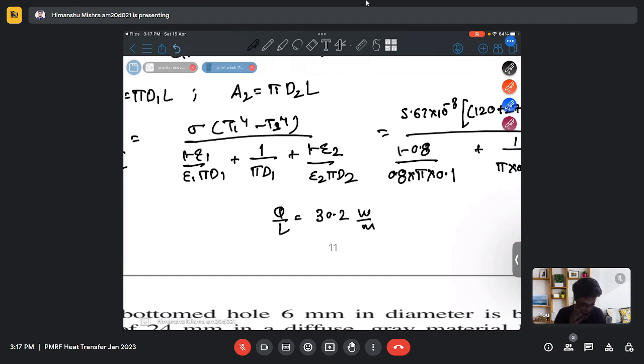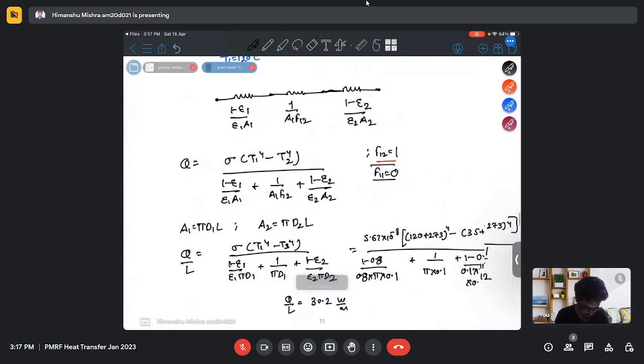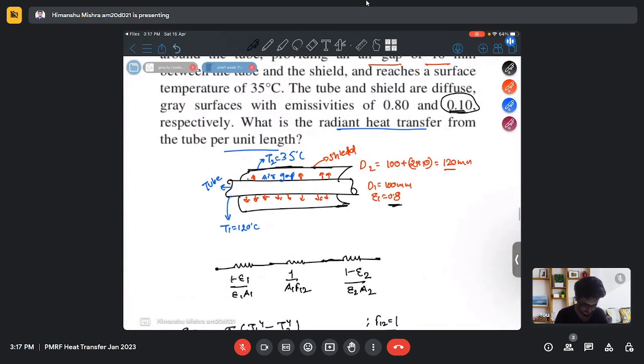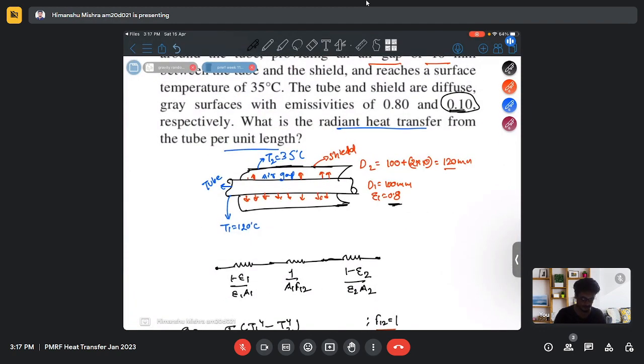watt per meter. So here in this question, we have a circular tube which is completely surrounded by a shield, and we are given the emissivity of both tube and shield, diameters and surface temperatures, and we need to find the heat transfer.